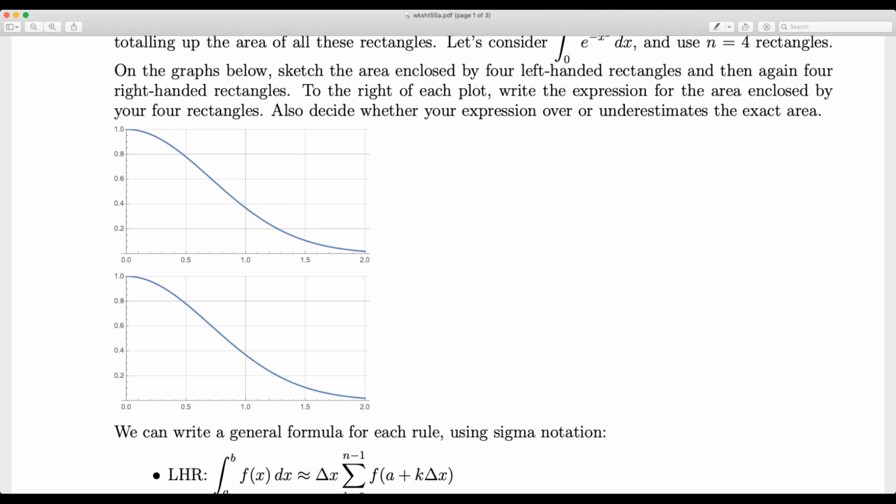If I choose the top left, that makes them left-hand rectangles, and if I choose the right, then that's right-hand. What would the height of the first one be? It'd be 1, all the way up at the top. So its area would be 0.5, because its width is 0.5 and its height is 1.